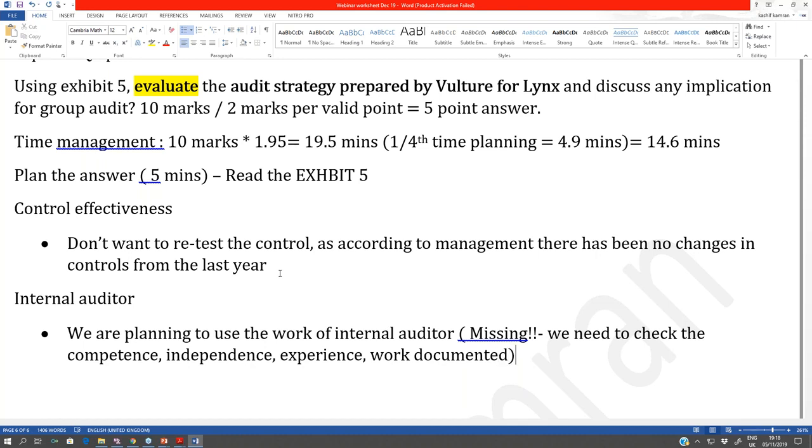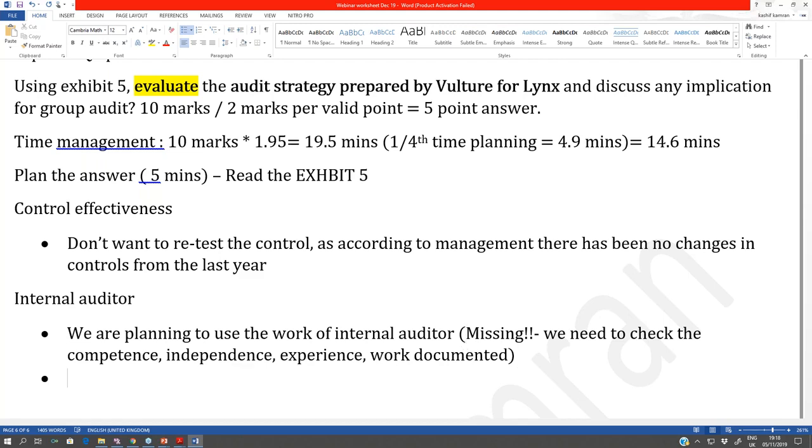We cannot plan to use the work of an internal auditor unless and until we have checked the competence, independence, experience, and the work documentation. And here Vulture is trying to rely on the internal auditor without checking the competence, independence, experience, and the work documented.